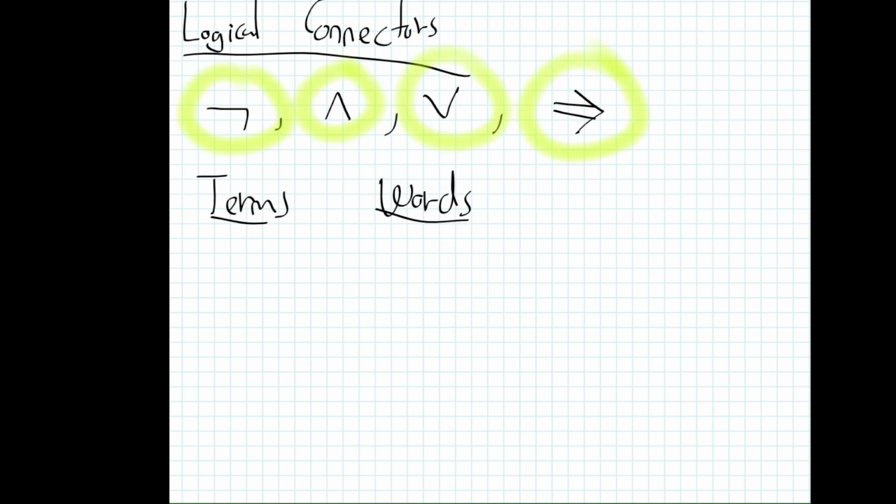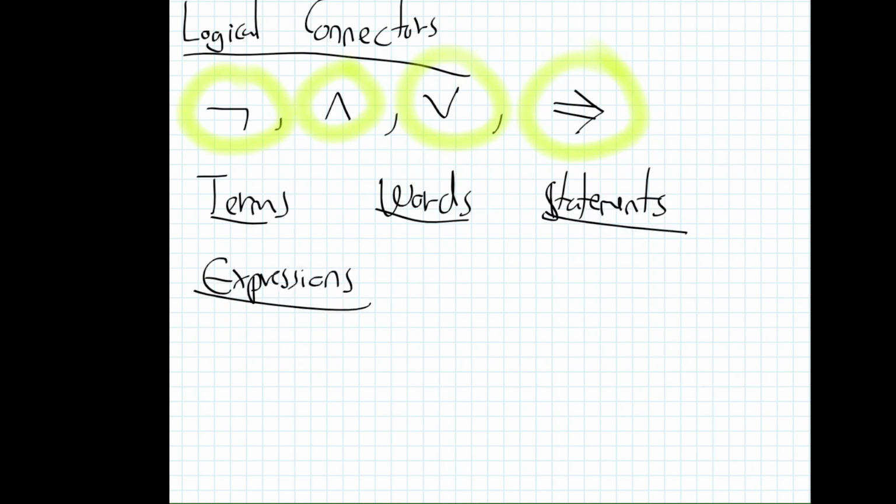So these logical connectors are utilized to combine those. Actually, let me bring those up again, because even though I'm not going to talk about them now, it'll make sense later for them to be together here. All of them can be used with these logical connectors together into what is called a formula, or between formulas.